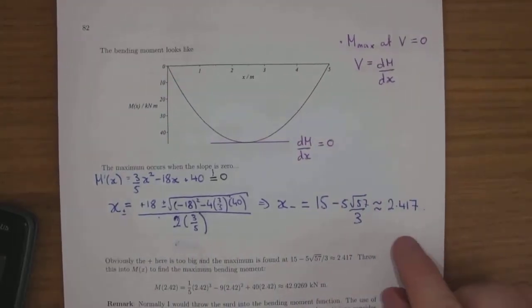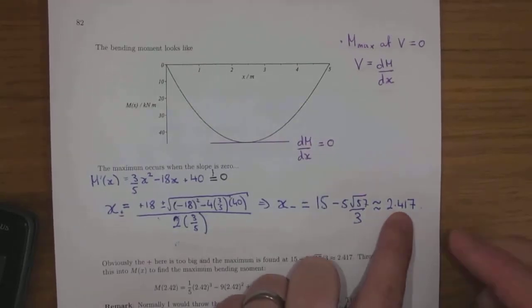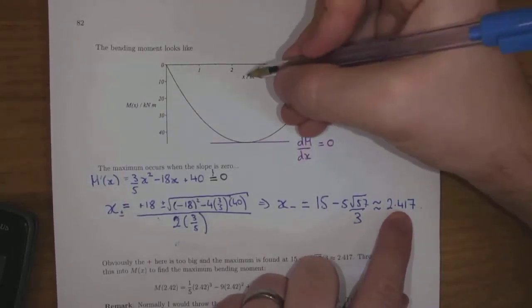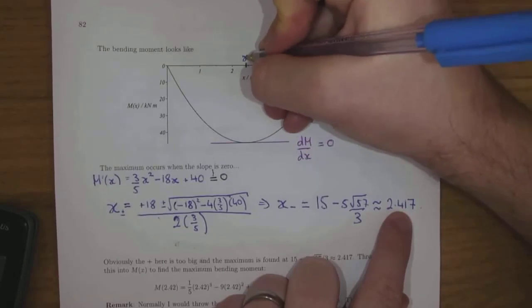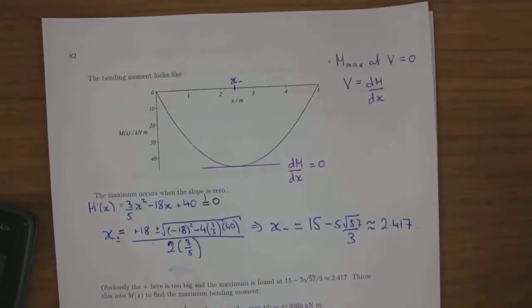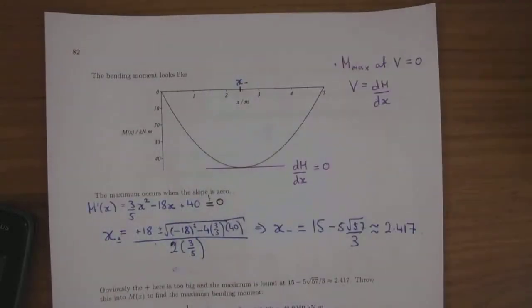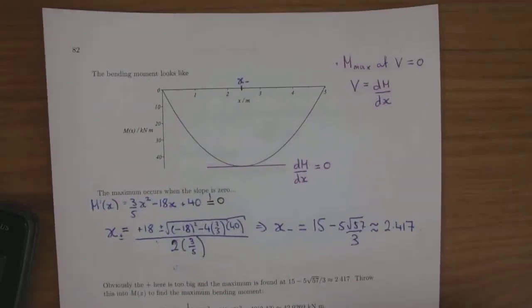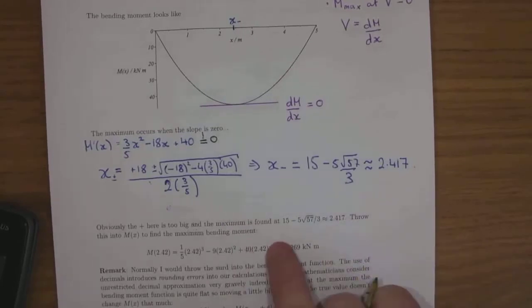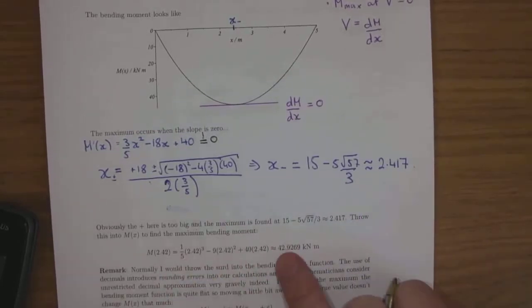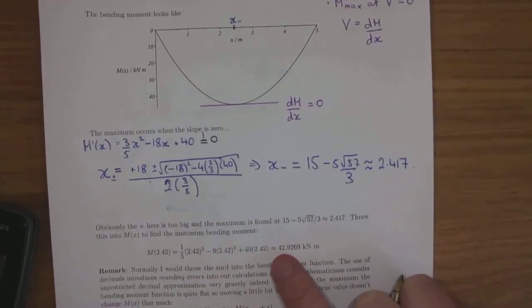This is the location of the maximum bending moment, so you substitute that into the bending moment function to find the maximum bending moment. If I throw in 2.42, I get an answer of approximately 42.9269.